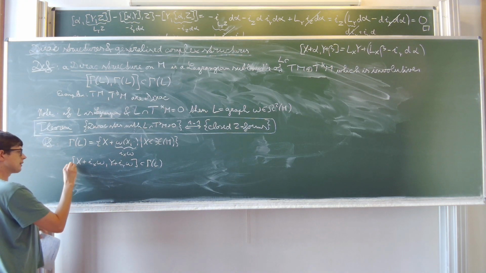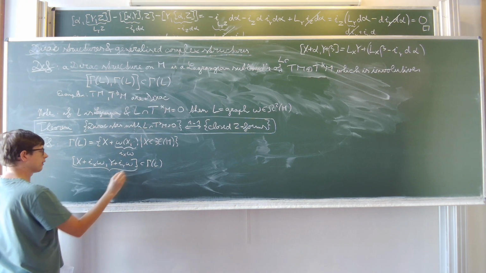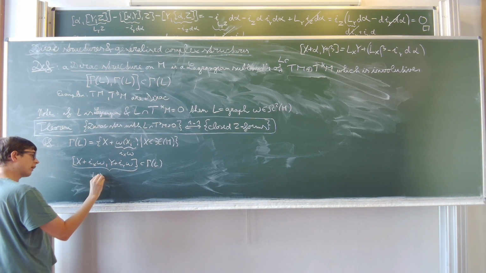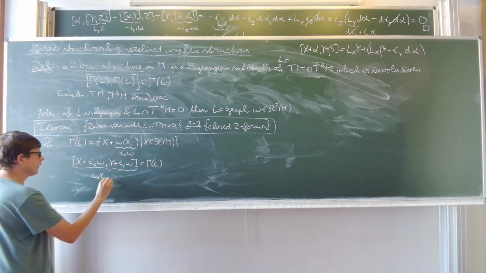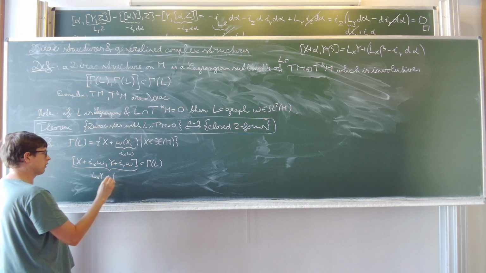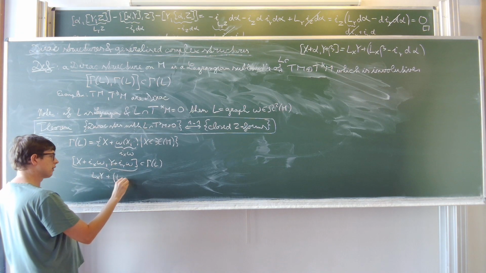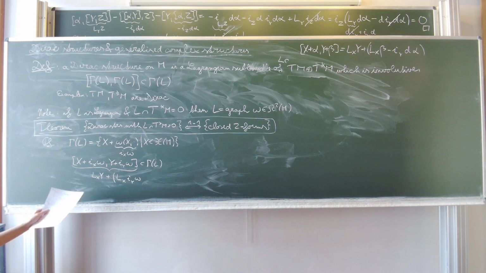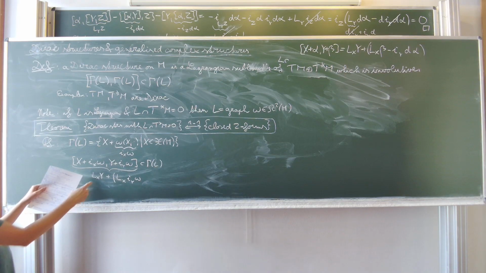So let's calculate what this thing is using that formula. The first term is the Lie derivative of X with Y, and then there is some stuff, like the Lie derivative of this on this guy. You see that there will be some Cartan formulas appearing too.